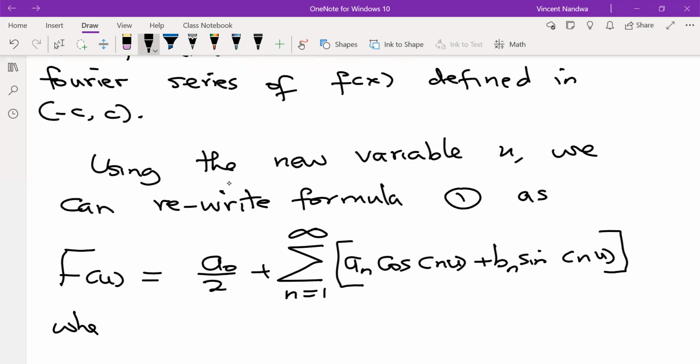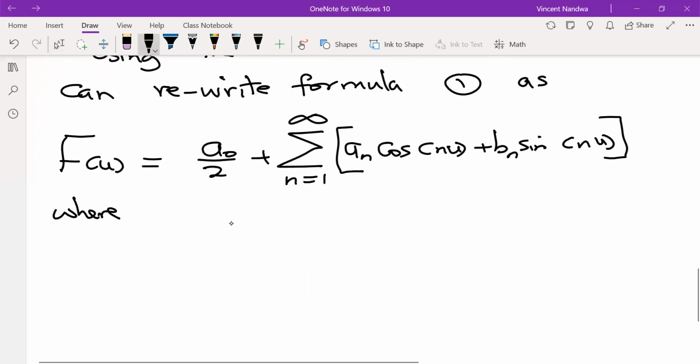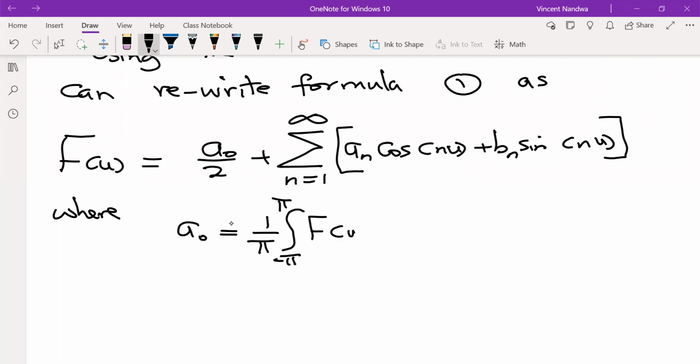where the values of a naught are given by 1 over pi integral from minus pi to pi of capital F of u du.